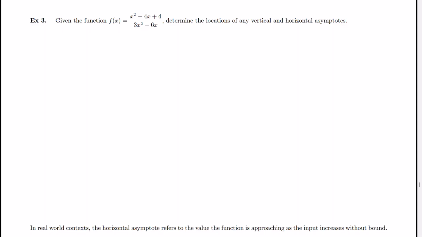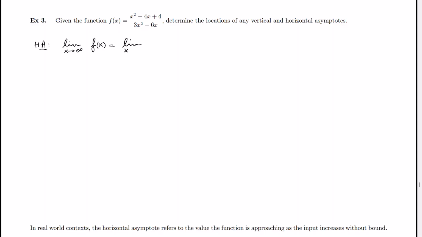Let me begin with horizontal asymptotes. So to find the horizontal asymptote of the function, we proceed by finding the limit as x goes to infinity or negative infinity of the function f of x. So it's up to you. You can decide whether you want to deal with infinity or negative infinity. In this case, I prefer to deal with infinity because it's just avoiding negative values, so maybe less mistakes will happen.